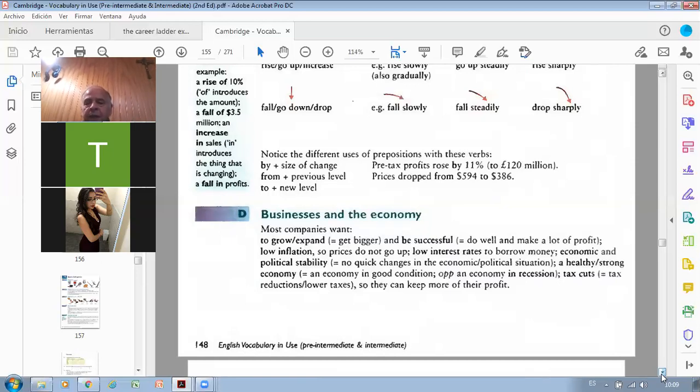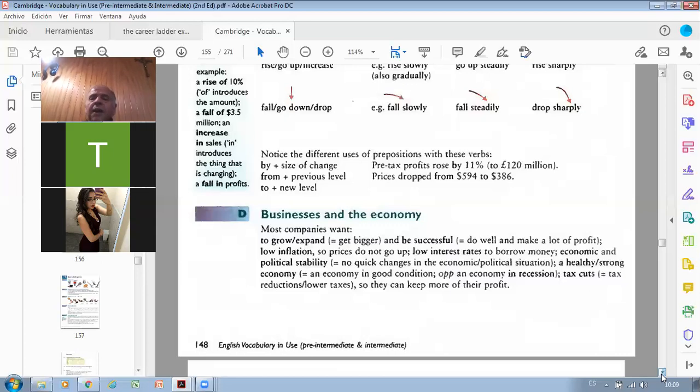Economic and political stability. Now we are all the contrary of that. We don't have economic stability. We have political stability because we have a government, right? We have a president, etc. You can like it or not, but there is certain political stability.